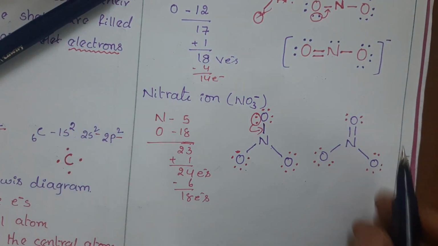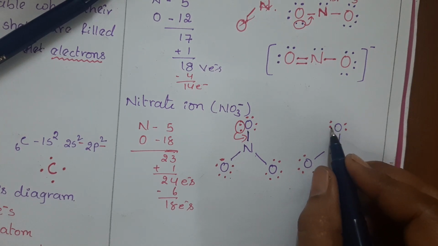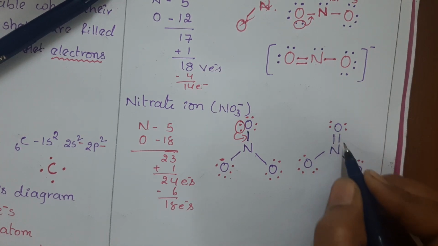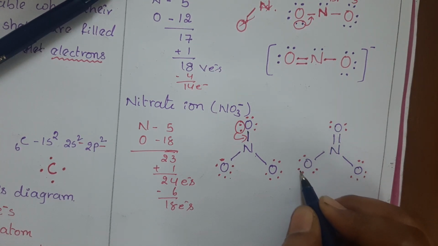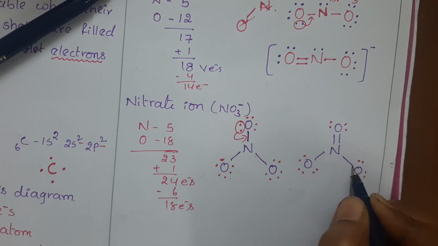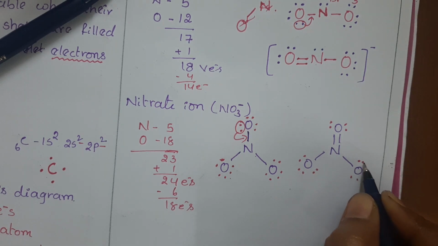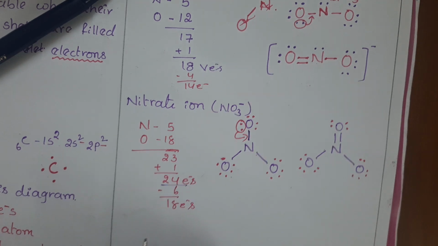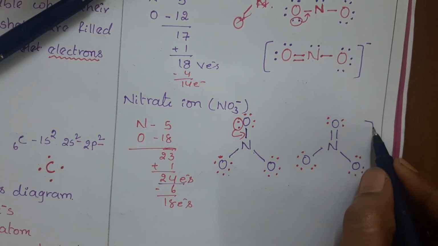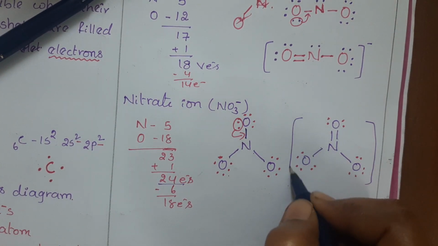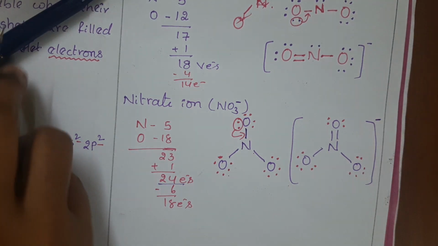Now count the number of electrons: 1, 2, 3, up to 24. So the total number of electrons is 24. This contains a negative charge, so we can represent the negative charge like this.